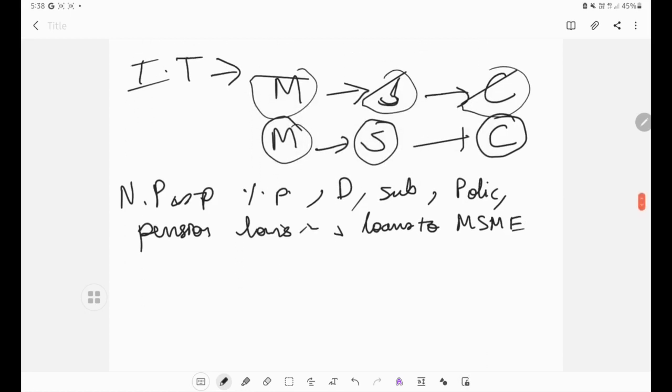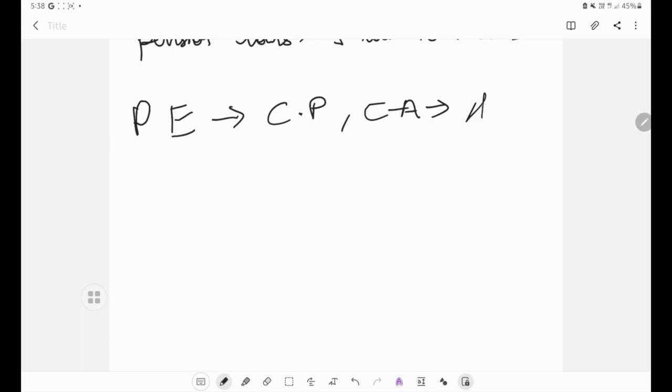Now let's scroll up and go towards plan expenditures. Plan expenditures are given by central plan and central assistance to the state or union.